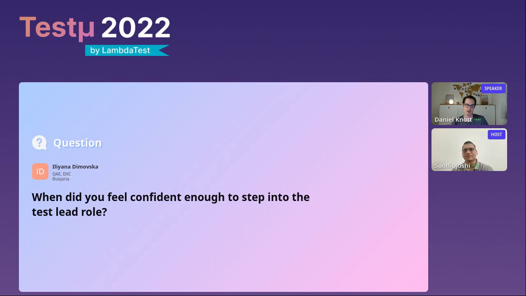No matter which next step you would like to take, the moment you want to take the step, you're not ready, because you will learn so many things in the new role, right? When I came into the new company and became head of software testing, I had so many things to learn, and I'm still learning every day. And I think that's good.